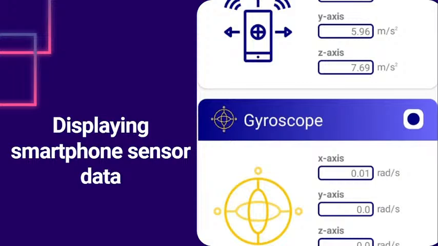So this is our second application, displaying smartphone sensor data. Now what we are going to do is display some data received from the sensors within our smartphone in our Magic Blocks app or in our Magic Blocks IoT platform.